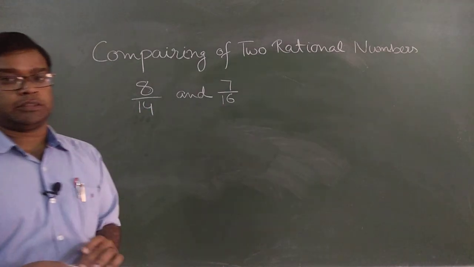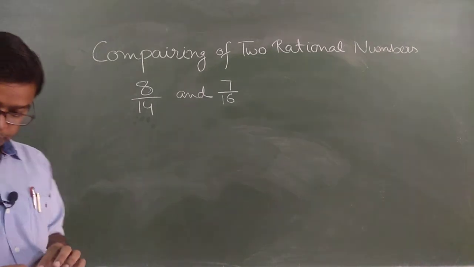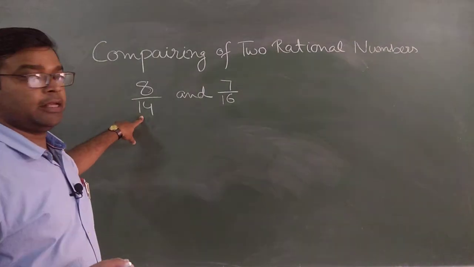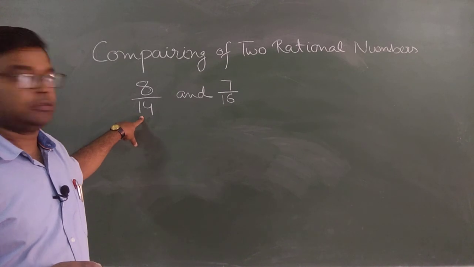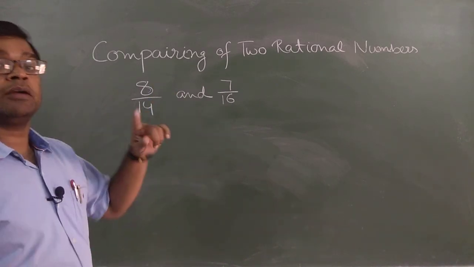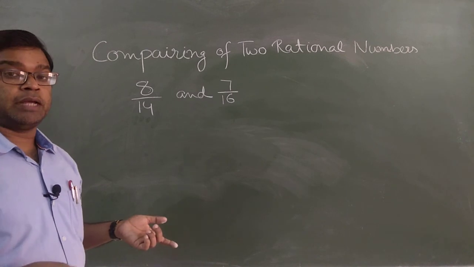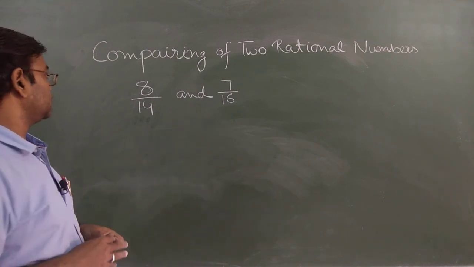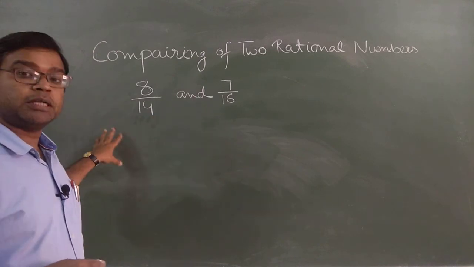What is our first work? First we check whether the denominators have a positive sign or not. Yes, they are positive. If they are negative, we have to convert them into positive by shifting the sign to the numerator. Clear? So in this case, both denominators are positive.